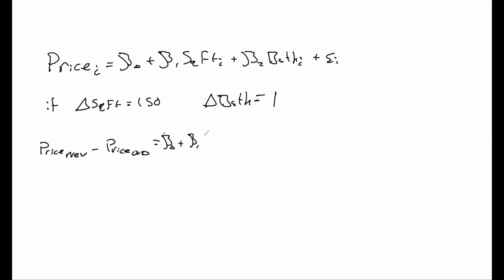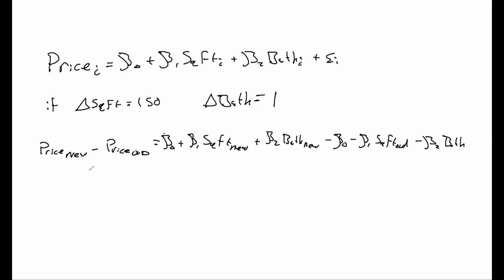So we get beta 1 times square feet new plus beta 2 times bath new. So maybe if there were 3 bathrooms before, now there's 4. This would be minus beta 0 minus beta 1 of the square feet old minus beta 2 of the bathrooms old.